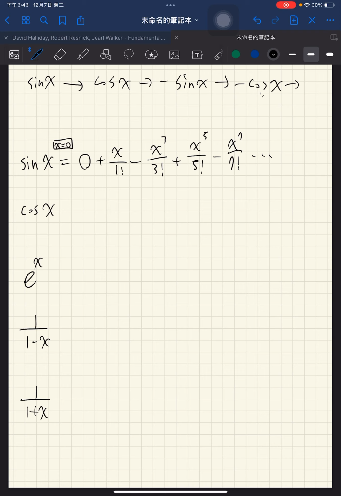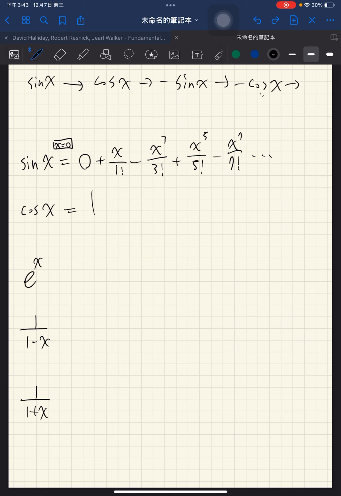And the same for cosine of x. But the cosine of 0 is 1. And here, this is the first power, second power.